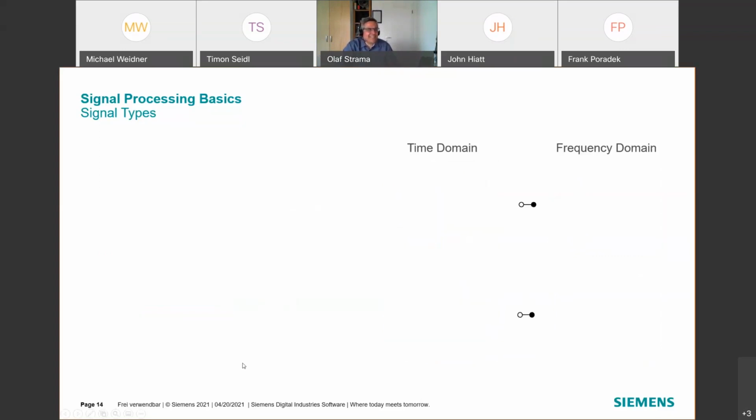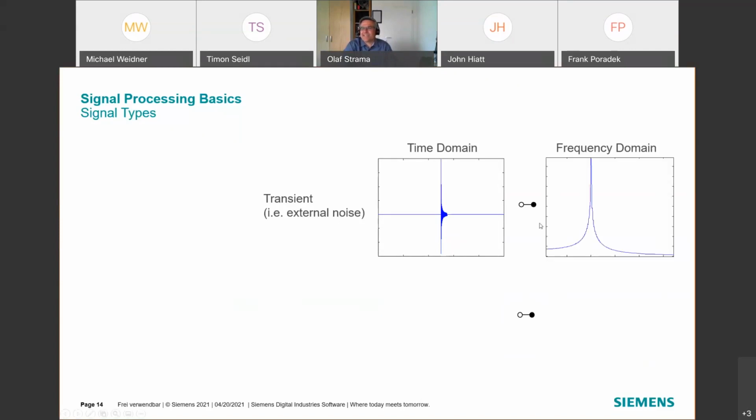Then the next class of signals are transient signals. That means peaks. One clap, for example, is a transient signal. If we look at a device under test, then this could be an external hit on the test bench, or a forklift puts a pallet on the ground very heavily, then a transient occurs, and this transient excites frequencies of the device under test.